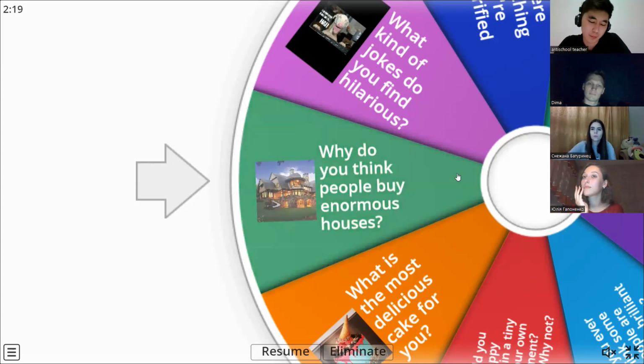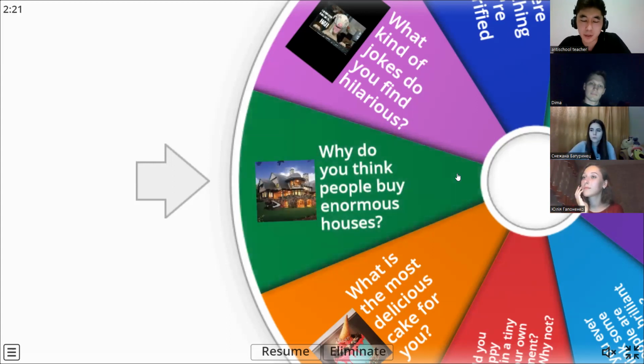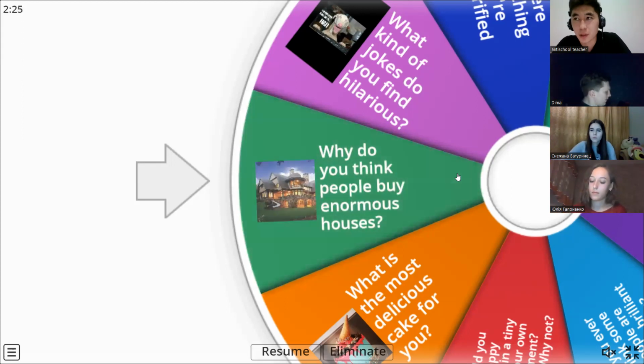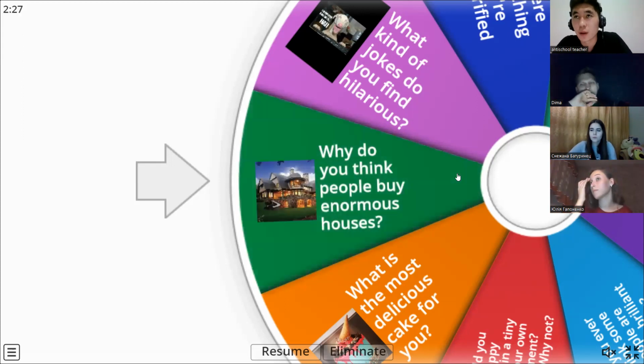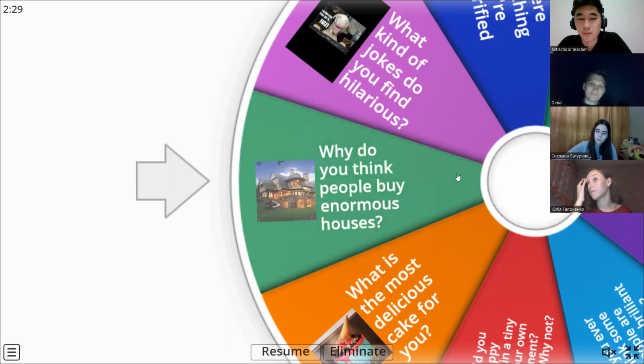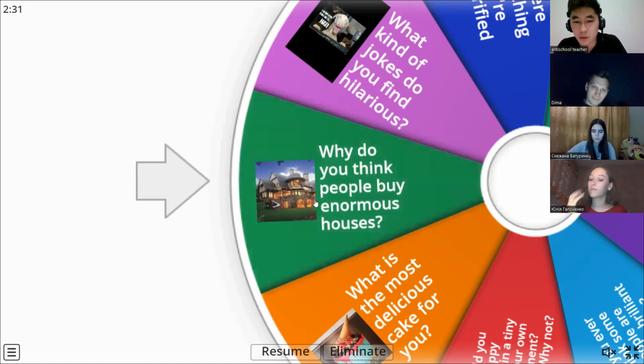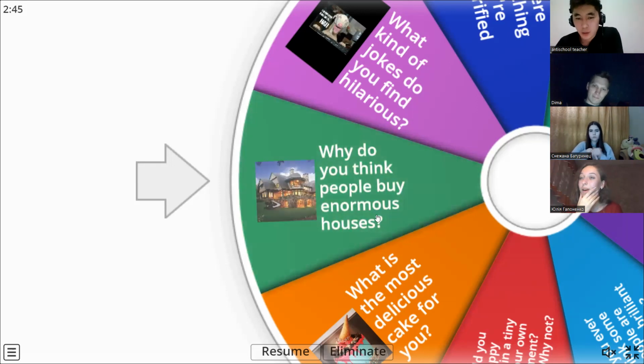But some people buy enormous houses, and it is always empty, and this is not really good. For example, I wouldn't live with 1 or 2 persons in a very big house, an enormous house, or huge.